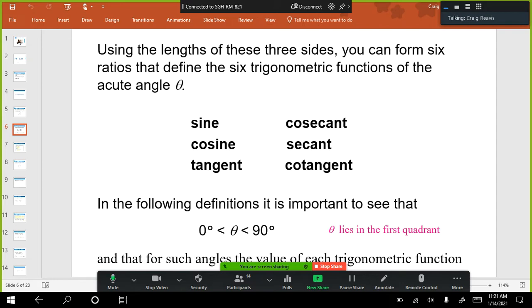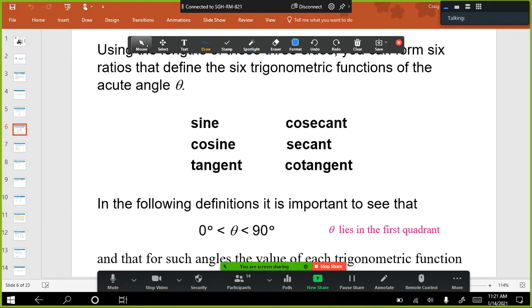Using the lengths of these 3 sides, you can form 6 ratios that define the 6 trigonometric functions of an acute angle. Now, these are the 3 that we're more familiar with, probably: sine, cosine, tangent.